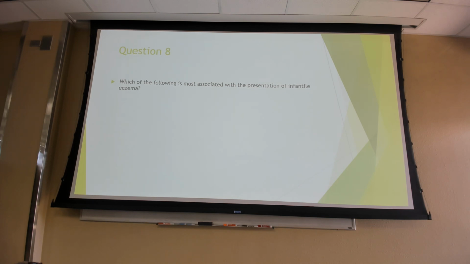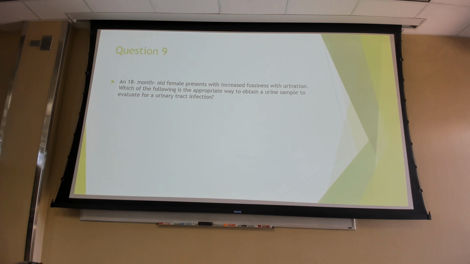Extensors in a baby, and then on the chest and the tummy too. Yep. Do you see lichenification? In severe, but not diffusely. Extensor surfaces, yes. Skin is less sensitive. Skin is way more sensitive. Persistent to adulthood. Maybe. And then diaper area involved.